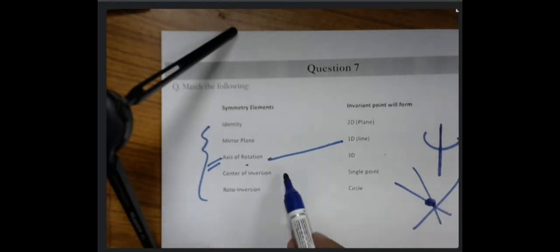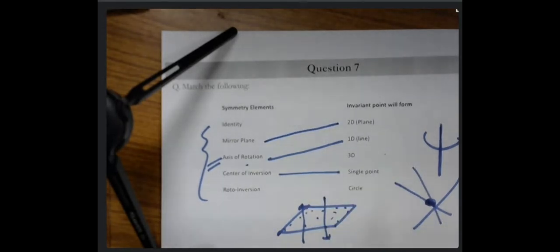If something has a center of inversion, the entire space is going to change other than this particular inversion point. So there will be one point which does not change in the inversion. So center of inversion: a single point. What about the mirror plane?